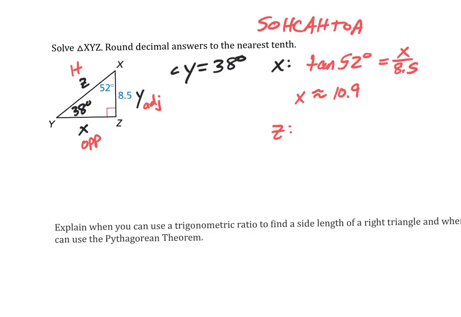So we're going to use the adjacent side because we know it. We're going to use the hypotenuse because we're trying to find it. So adjacent and hypotenuse is A and H. So we're going to use cosine, right? Cosine of 52 equals adjacent over hypotenuse.